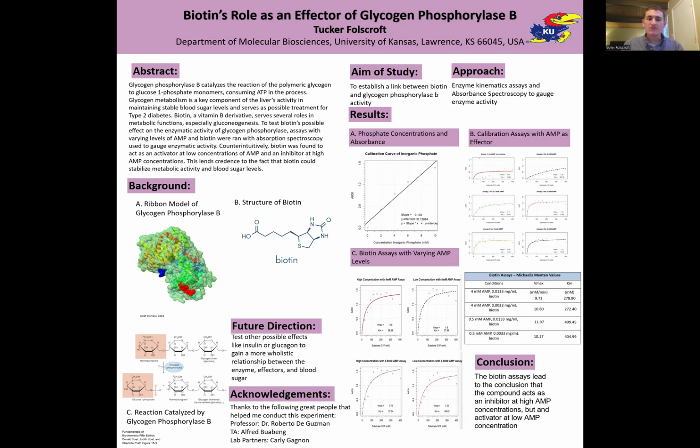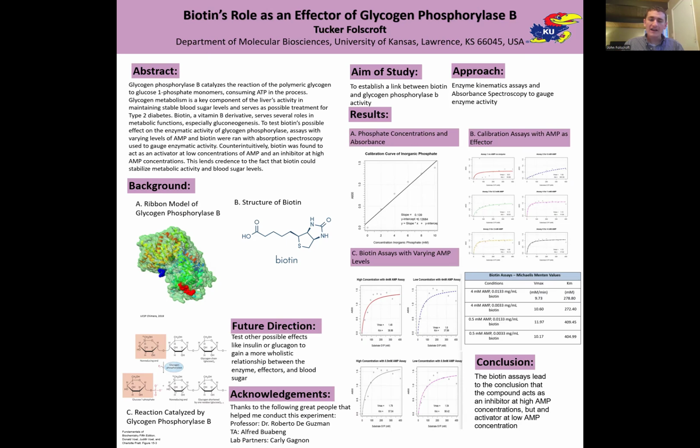Inorganic phosphate is going to be a crucial substrate used by glycogen phosphorylase B. With this link established, we can calculate the reaction velocities, concentrations of phosphate, etc., based off the A600 readings we acquire. So the main aim of this study was to establish the link between biotin and glycogen phosphorylase B activity.